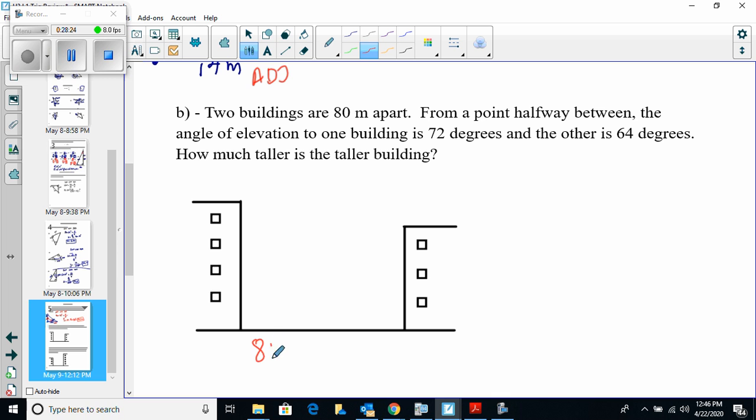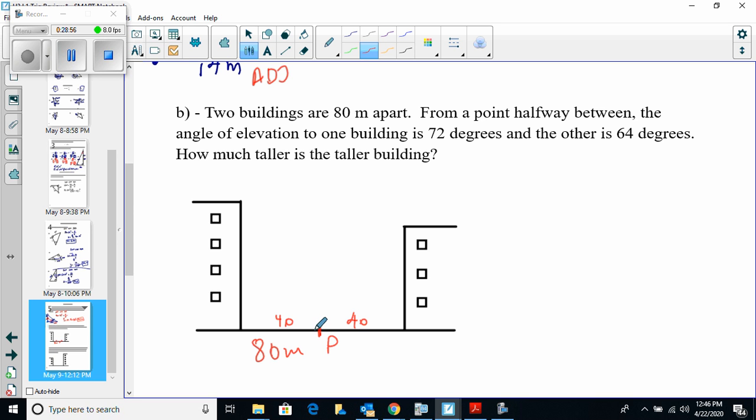So this is 80 meters, from a point halfway between those two, a point here, halfway, point P, which is 40 and 40, halfway means dividing it in two. The angle of elevation to one building is 72 degrees, and the other angle is 64 degrees.